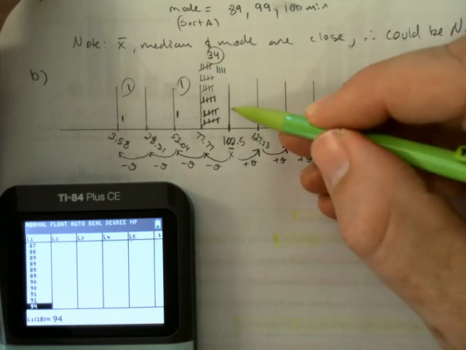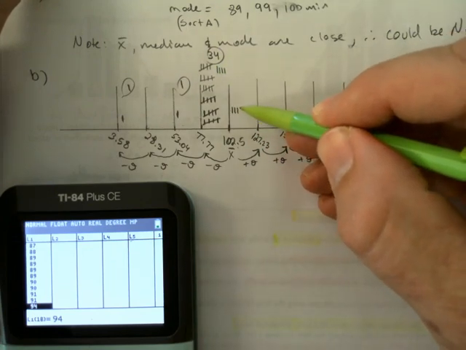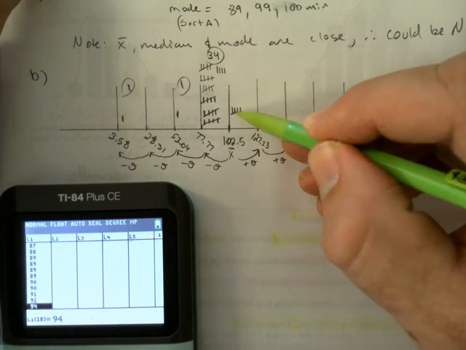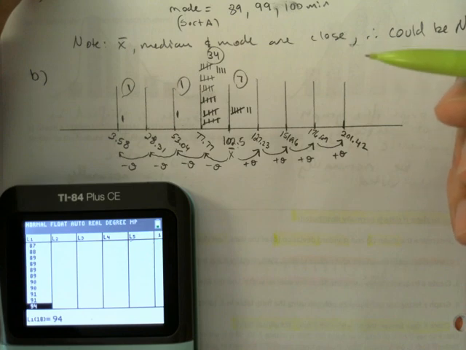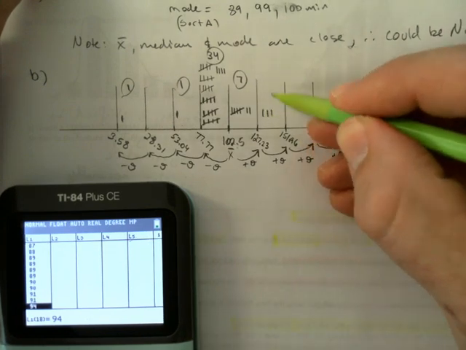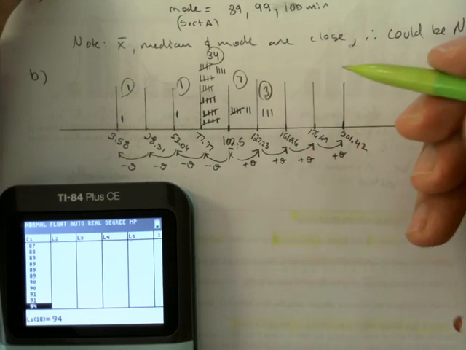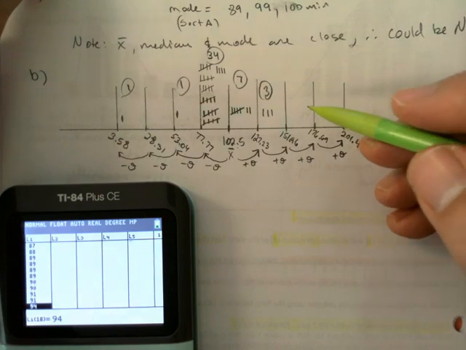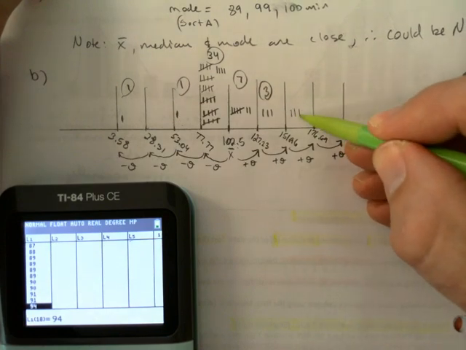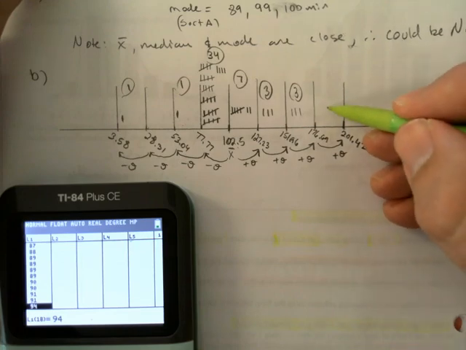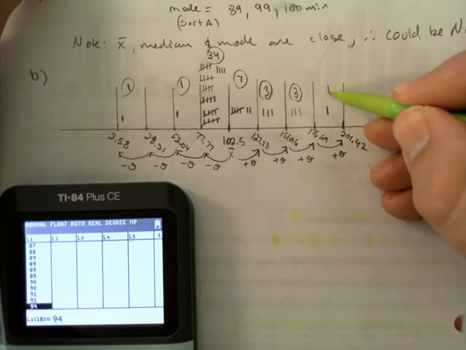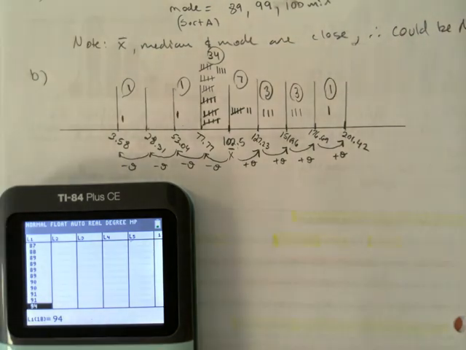Over here, you've got 7. 1, 2, 3, 4, 5, 6, 7. You've got 7 in that interval. You've got 3 in this one. You've got another 3 here. And there's another 1 out here. Probably what we would call the outlier.